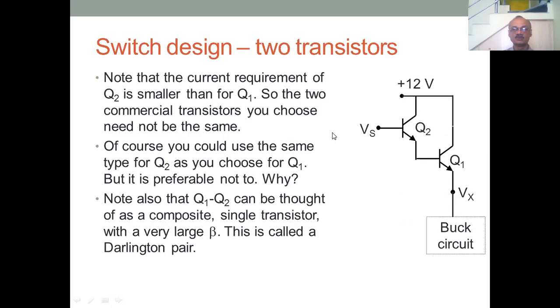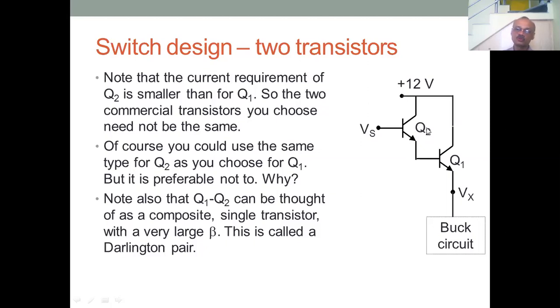Okay, let's go back to the two transistors. Three more things. So Q2 needs to carry about 40 milliamps, assuming throughout that the current required is 4 amperes. So the commercial transistor you choose for Q2 does not need to be the same as Q1, because the current requirement of Q2 is much smaller than that of Q1.